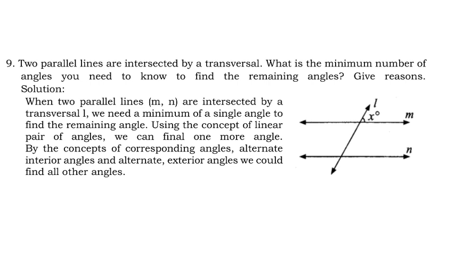Using the concept of linear pair of angles, we can find one more angle. By the concepts of corresponding angles, alternate interior angles and alternate exterior angles, we could find all other angles.